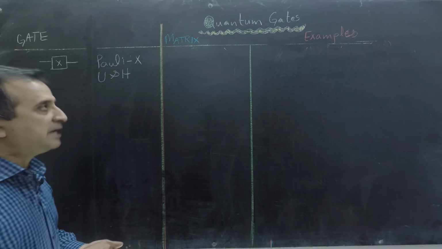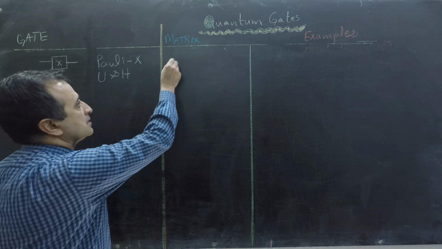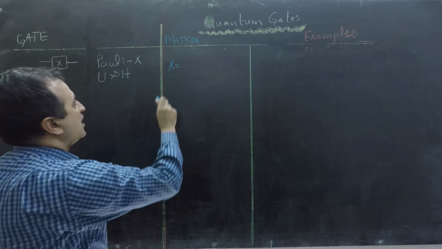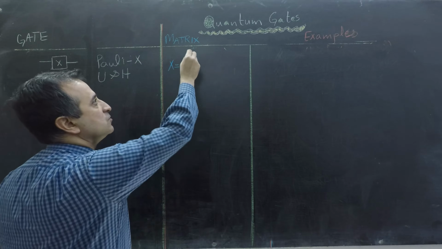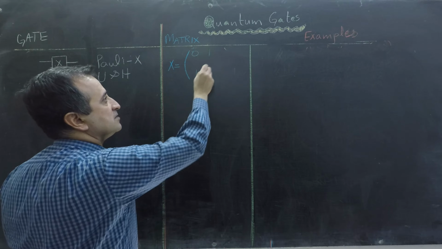Now let's write the matrix of this gate. So the matrix of our X gate, or Pauli-X gate, or NOT gate, is equal to 0, 1, 1, 0.